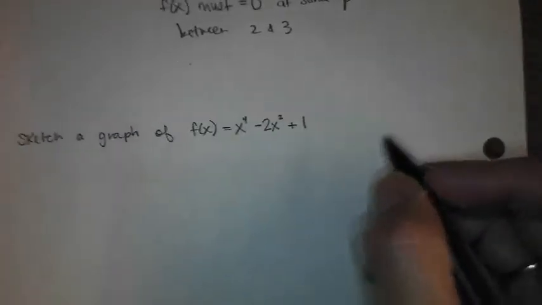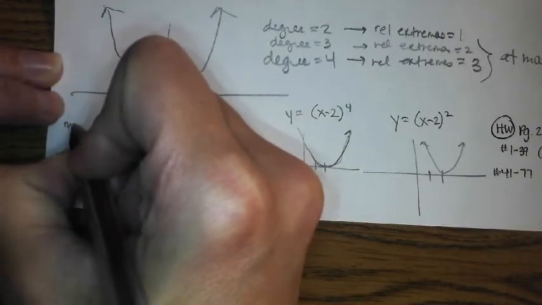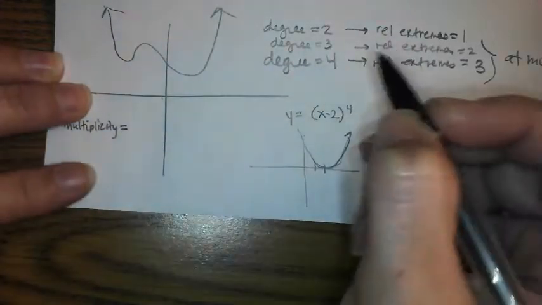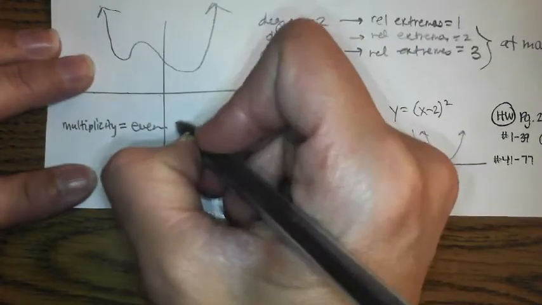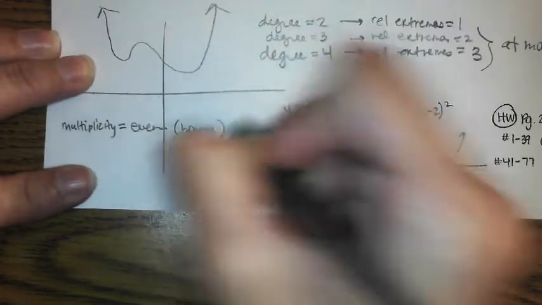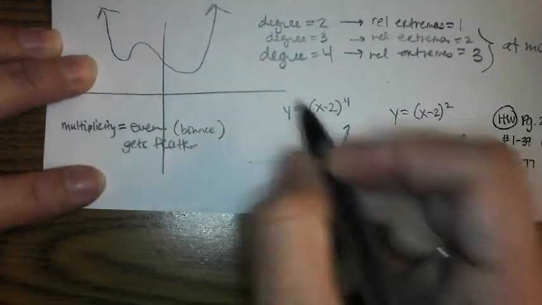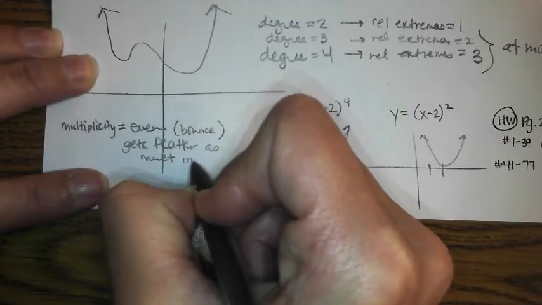So I will write, oh geez, what should I write? Multiplicity equaling even is a bounce, gets flatter as multiplicity increases.